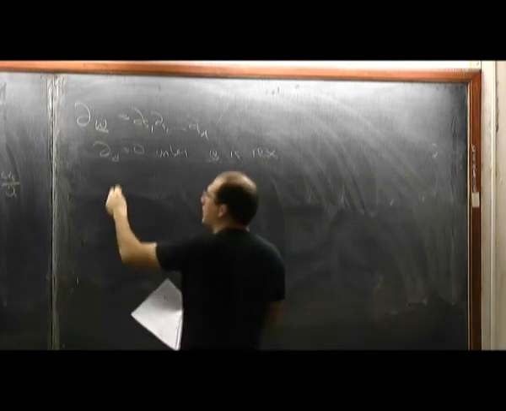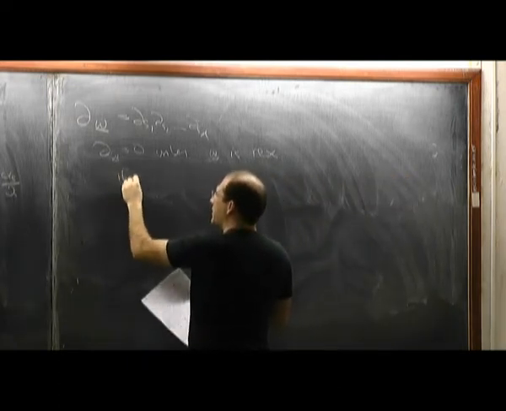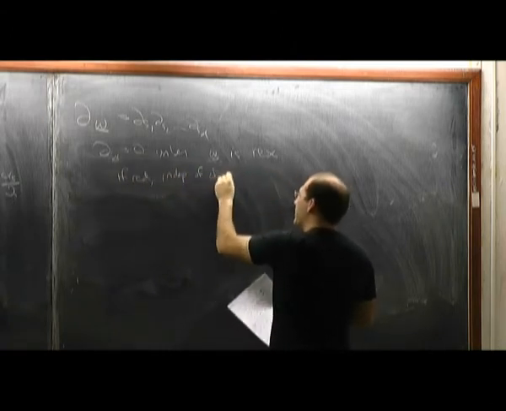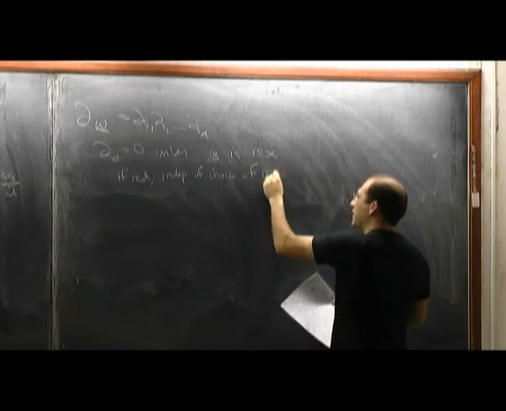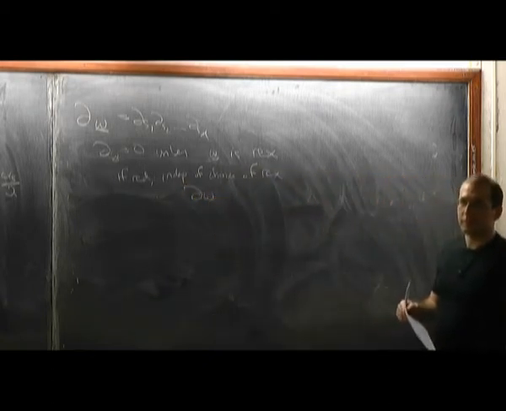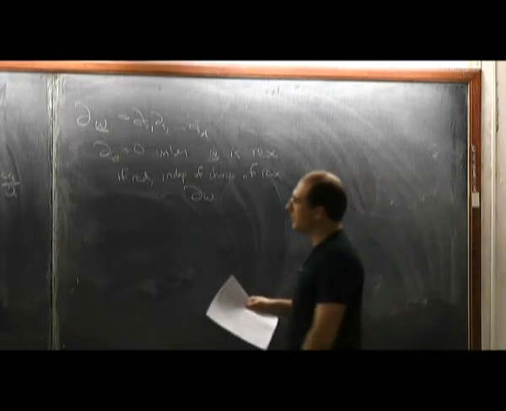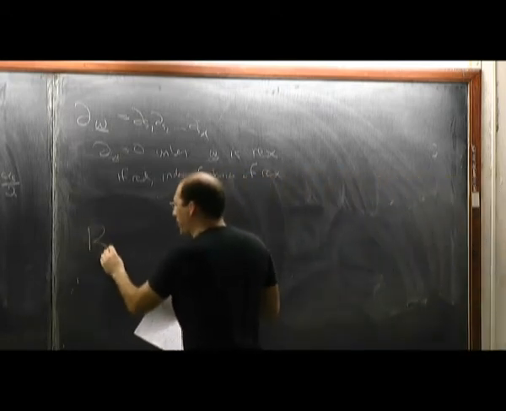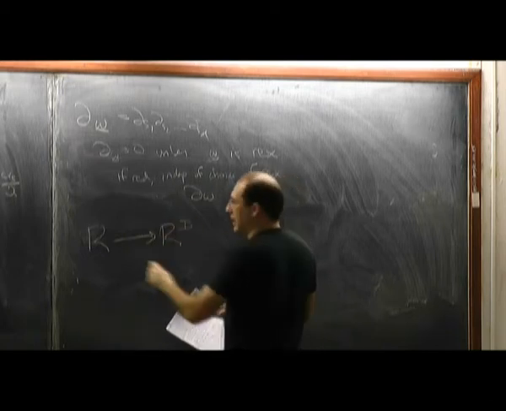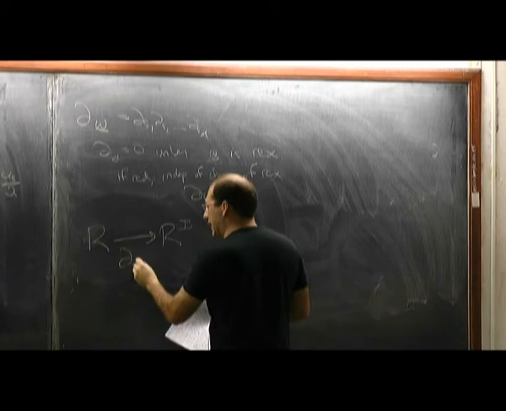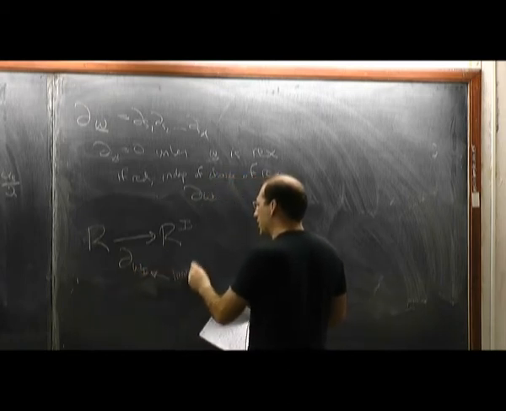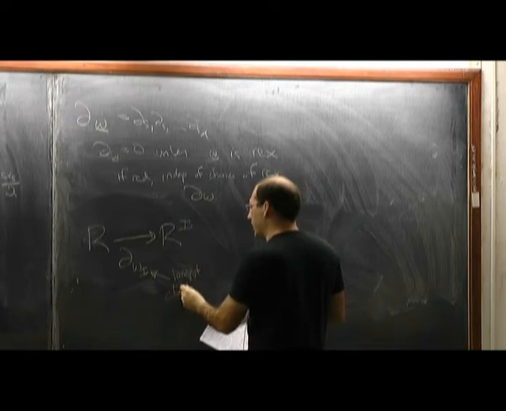And by the braid relation, if reduced, it's independent of choice of reduced expression. So we can just write D of w because of the braid relation. And so the Frobenius map from R to Ri is actually D of the longest element of this finite parabolic subgroup, the highest in the Bruhat order.